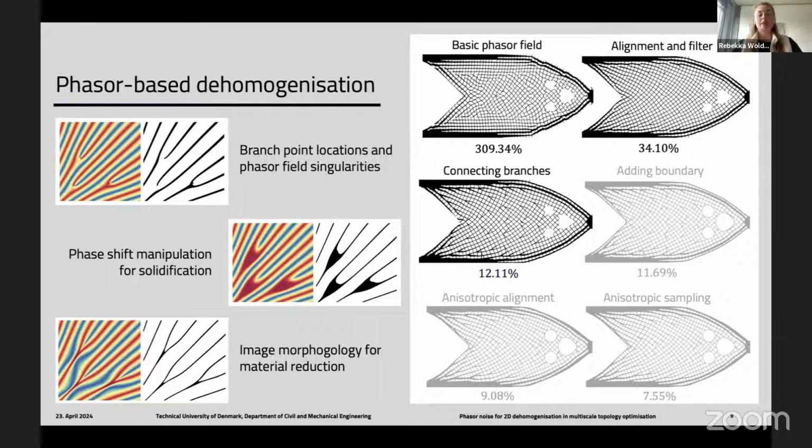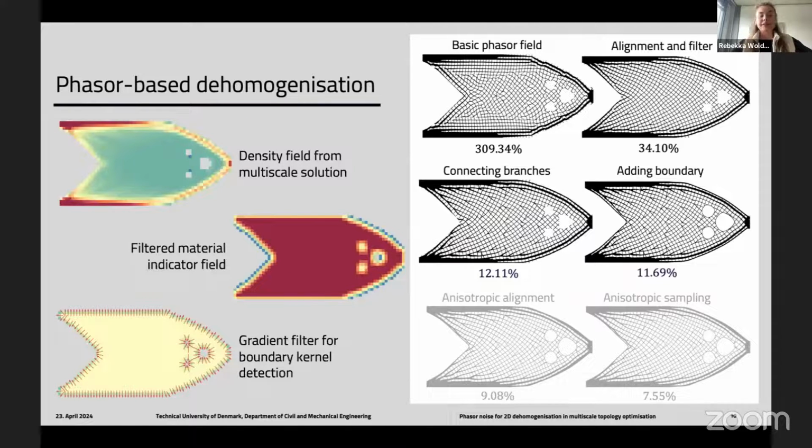And by considering the real valued wave transformations, you can introduce phase shift manipulations to sort of solidify the branches, and by image morphology operators locally pinch them to reduce the material to these more structurally beneficial V-shaped branches. As this can be done locally, the procedure is very efficient, and as you can see, also improves the structural performance immensely.